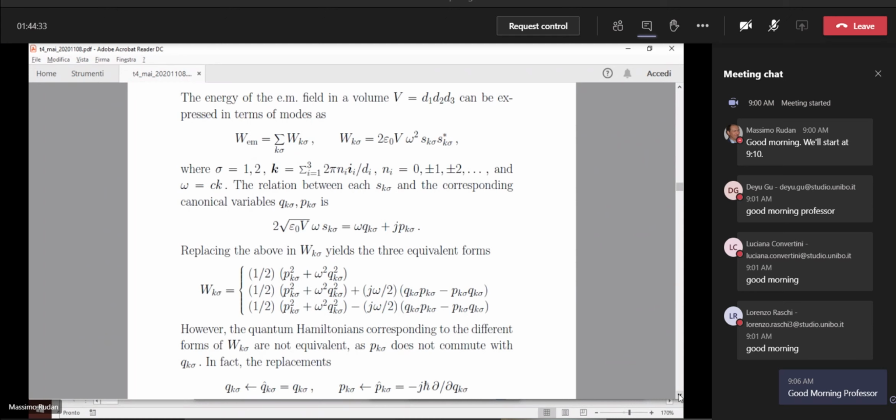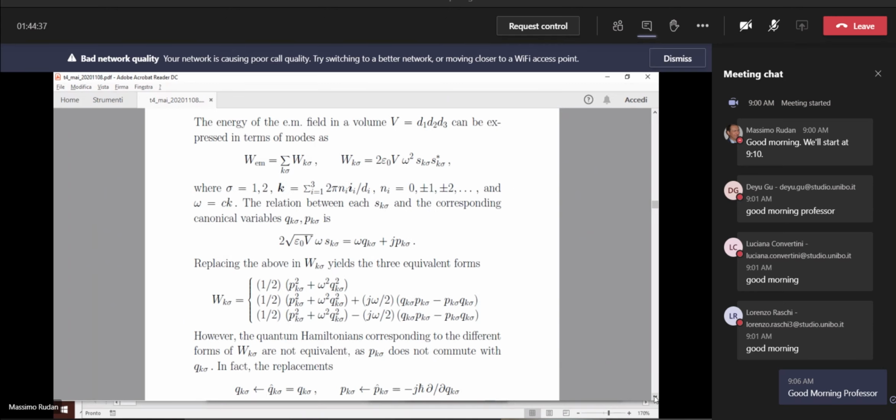These three components are aligned, of course, on the axis. I1, I2, I3 are the unit vectors of the axis. And the component of the K vector, as usual, are equal to 2π divided by the side of the box times an integer I that goes from minus infinity to plus infinity.